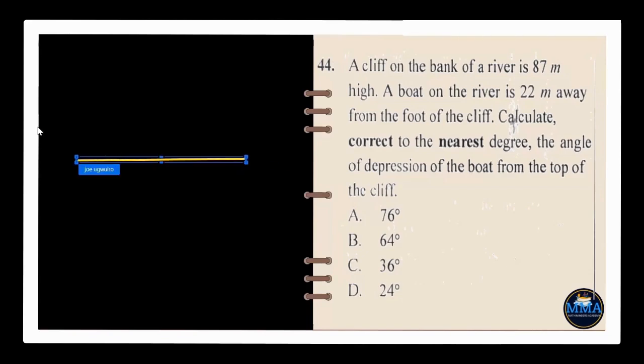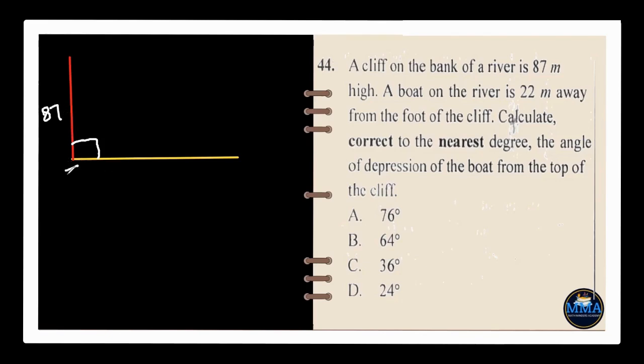All right. Now the angle here is 90. So this is the vertical cliff and this is 87.